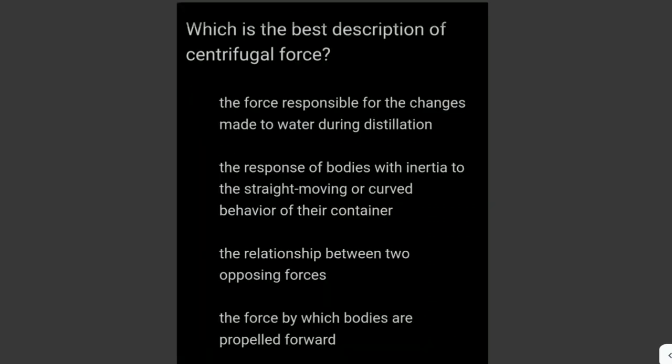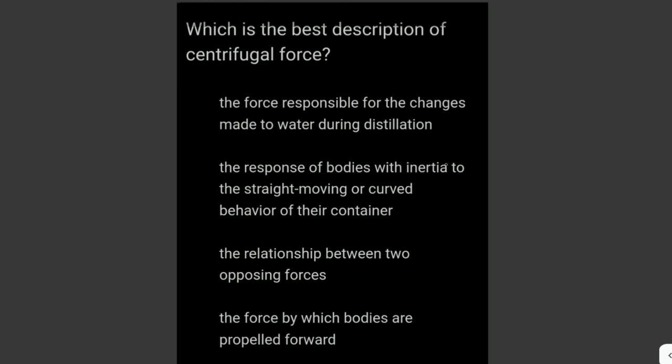Which is the best description of centrifugal force? The force responsible for the changes made to water during distillation, the response of bodies with inertia to the straight moving or curved behavior of their container, the relationship between two opposing forces, or the force by which bodies are propelled forward.